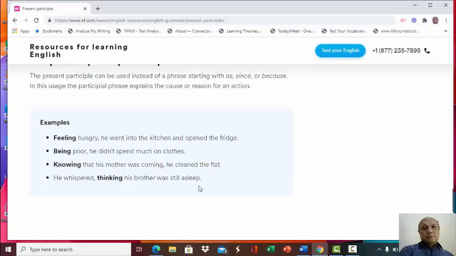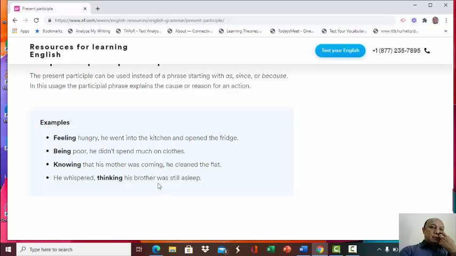You can make it more native-like, more mature if you like, more acceptable style, more natural style, by saying he whispered, comma, thinking his brother was still asleep. Again, the subject of the verb thinking and whispered is the same person, which is he.